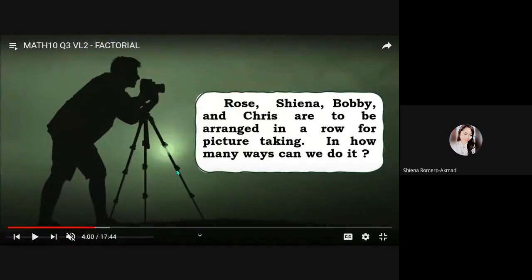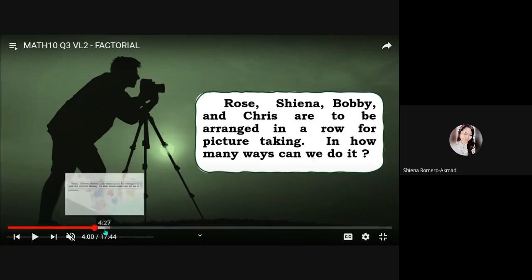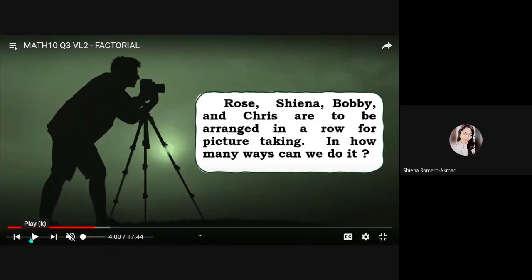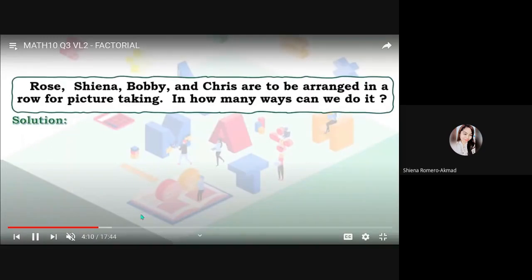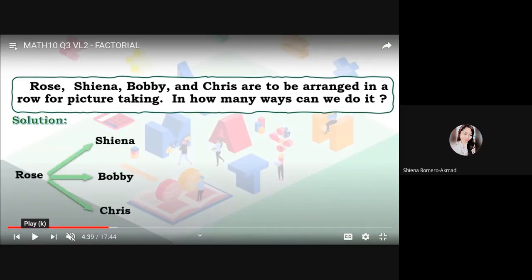So I have here a situation. Rose, Sheena, Bobby, and Chris are to be arranged in a row for picture taking. And how many ways can we do it? So if we are going to follow kung ano yung ginawa natin last time sa iba-ibang problems na arranging, like for example, if we start with Rose, may susunod na posisyon can be Sheena, Bobby, or Chris.